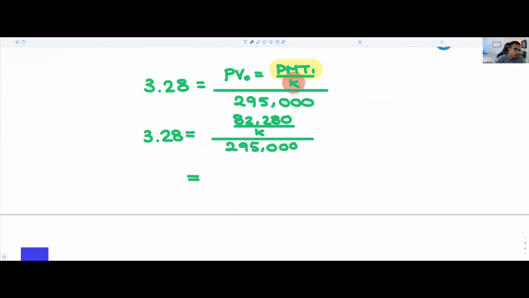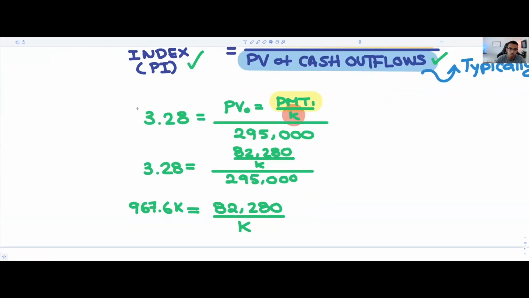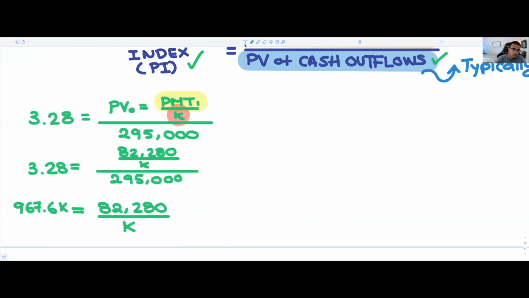So you should get something like 967.6K, and that's going to be equal to 82,280 over K, such that 967K is equal to 82,280.